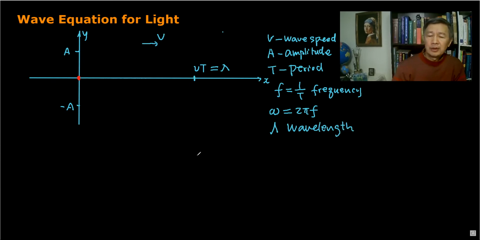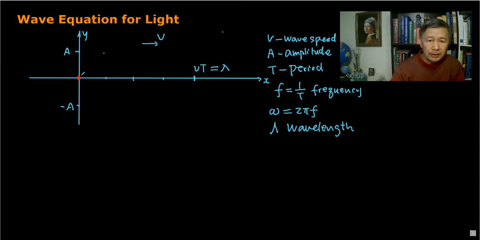If you visualize this wave, in this case, because it's a transverse wave, we can visualize it by drawing this curve, which you will find very familiar if you recall your mathematics in high school.